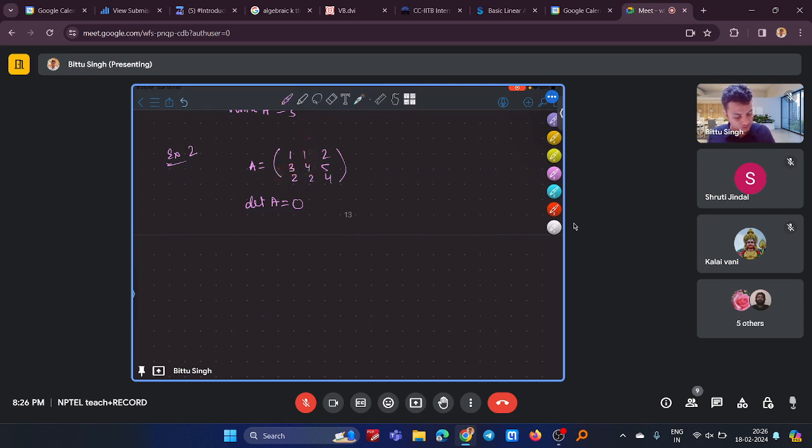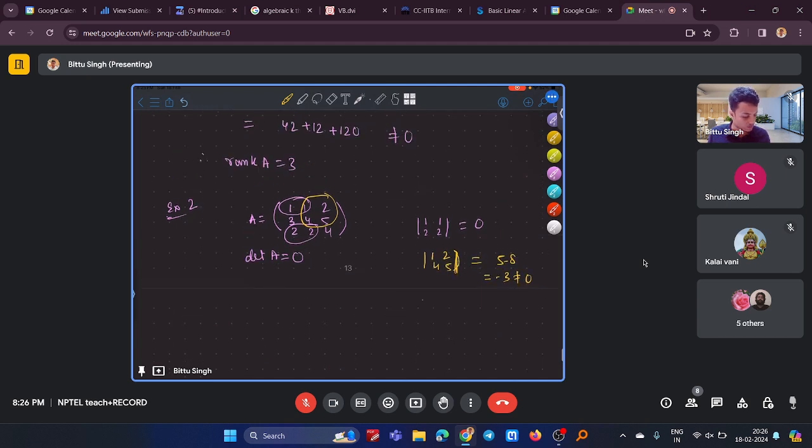If we take this submatrix 1 1, 2 2, this is actually 0. But if we take this submatrix 1 2, 4 5, its determinant is 5 minus 8, which is minus 3, non-zero. Hence, the largest submatrix for which determinant is non-zero is of size 2.